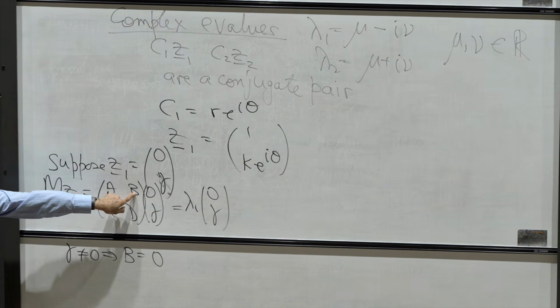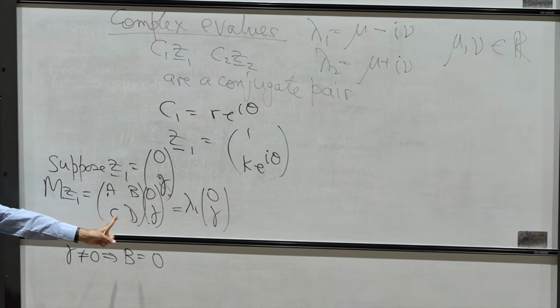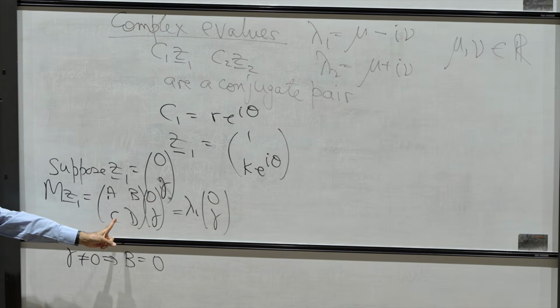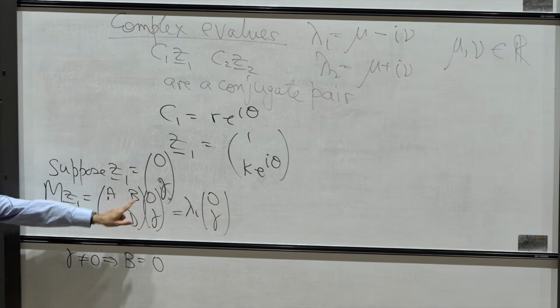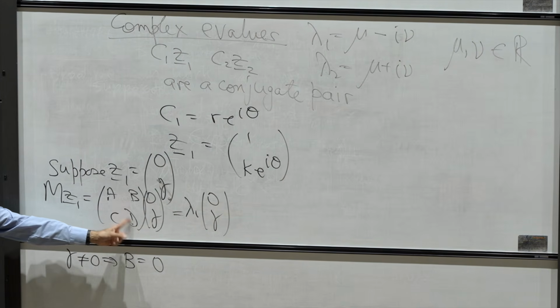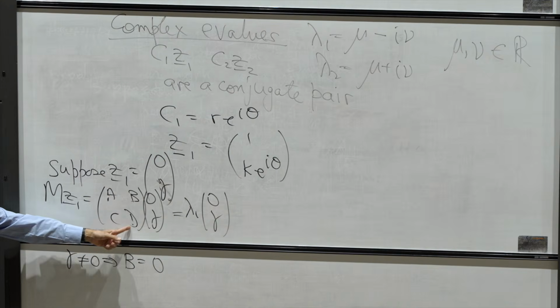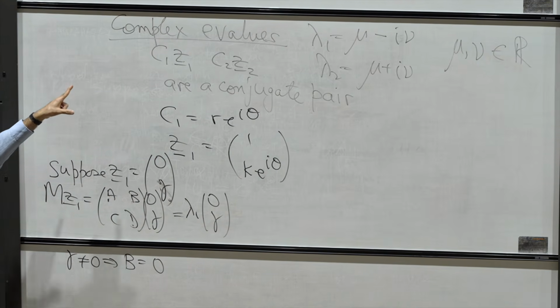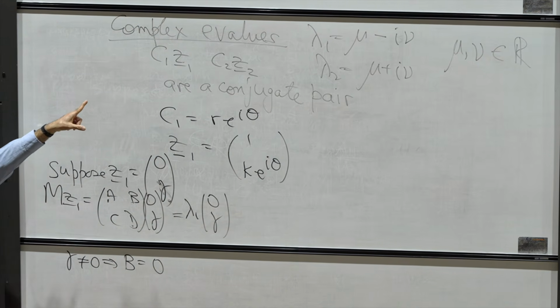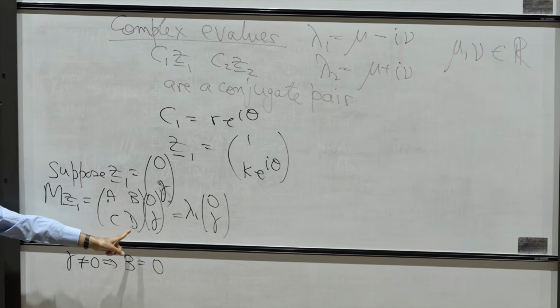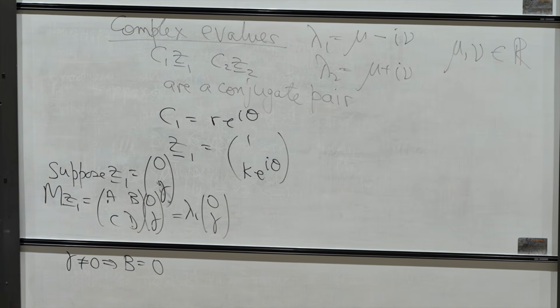If b is 0, the eigenvalues are real, not imaginary. Because if b is 0, here are the eigenvalues, a and d, and they're real. But we've just said we're looking at complex eigenvalues. So we can't have that.